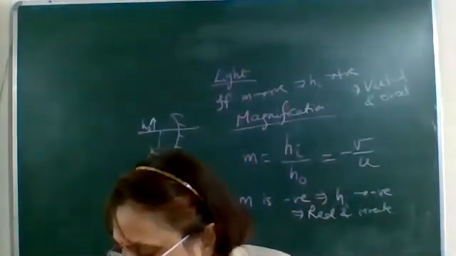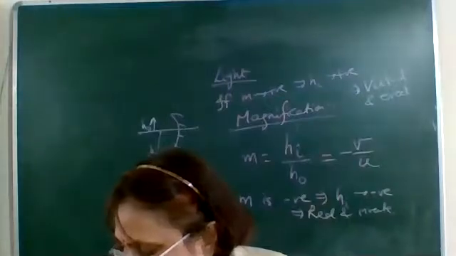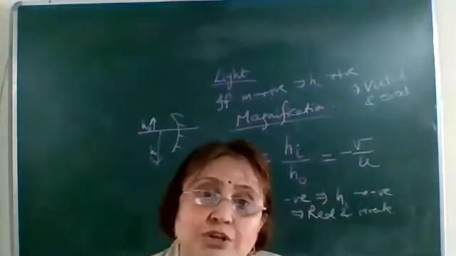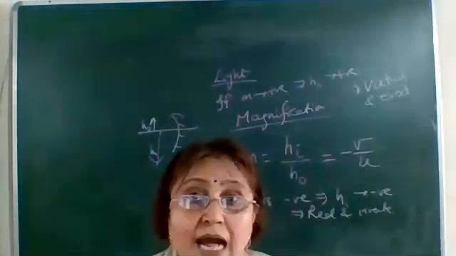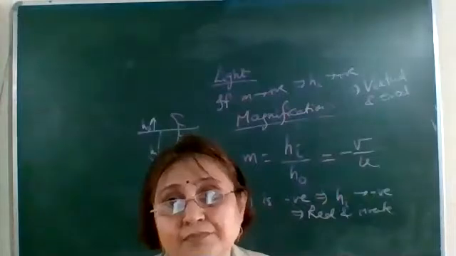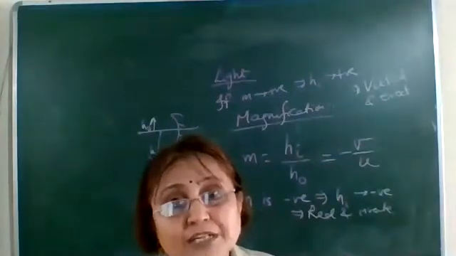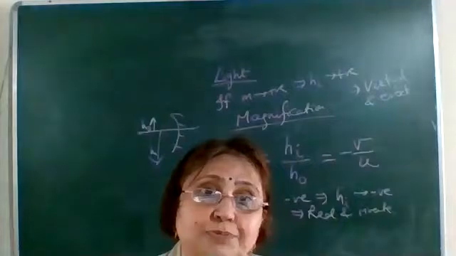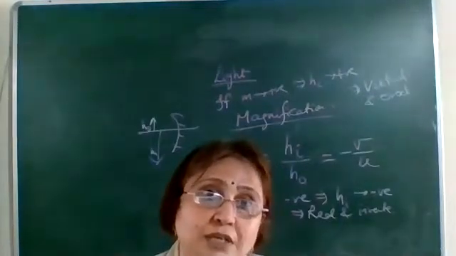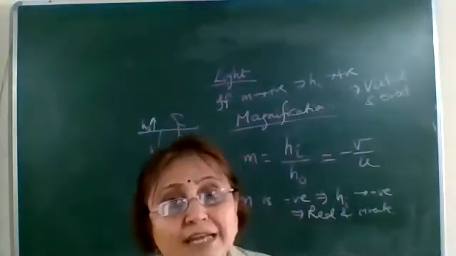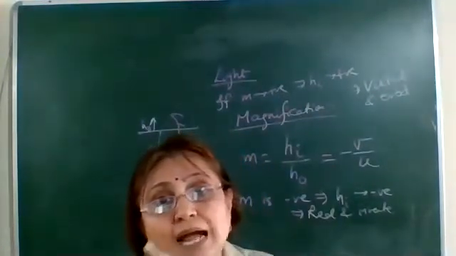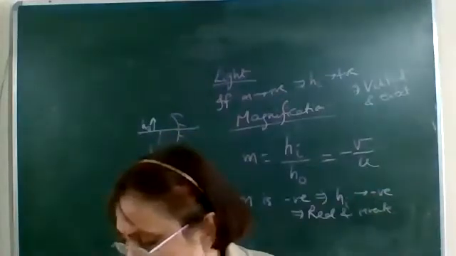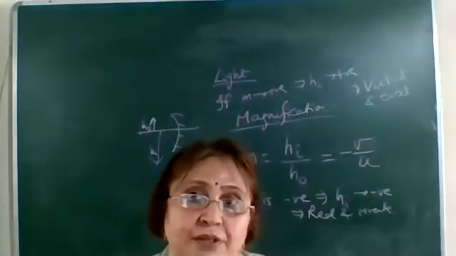Next question is, name a mirror that can give an erect and enlarged image of an object. Which mirror could it be? Concave mirror. Why? When the object is placed between pole and focus, the image formed is erect, virtual, and magnified. It is an enlarged image.